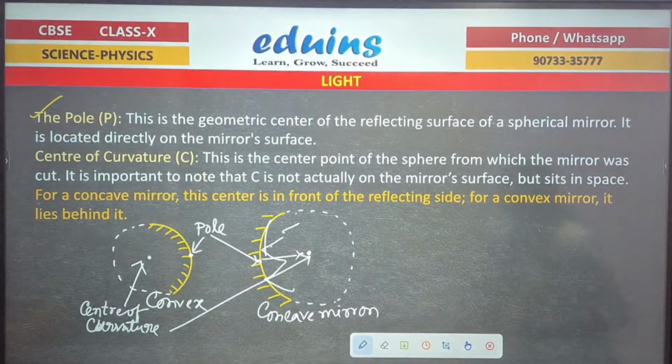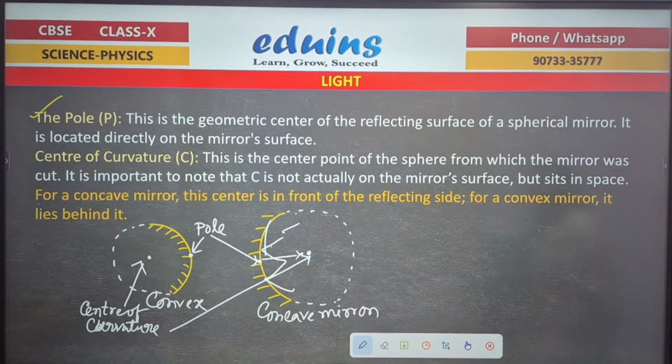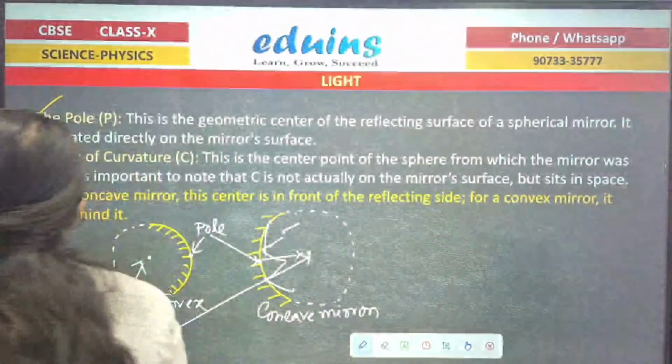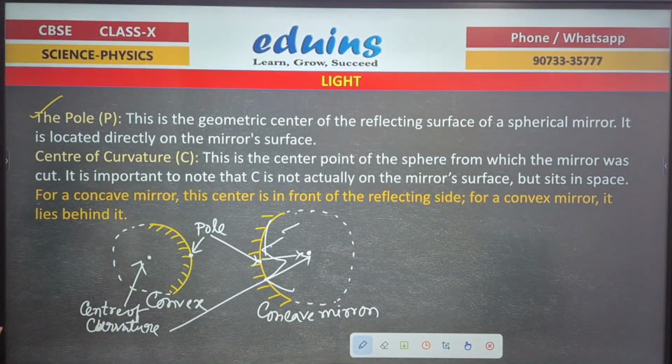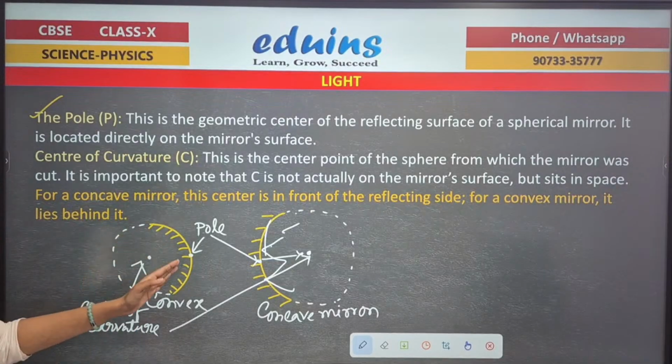But for the convex mirror, the center of curvature is situated behind the reflecting side.